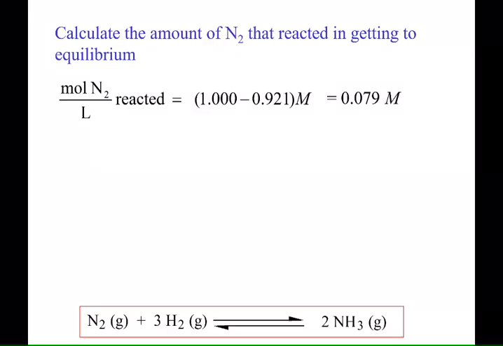Right off the bat, I didn't write down the stoichiometry. Oh, there it is at the bottom. Do you buy that for every 1 mole per liter of N2 that reacts, 3 moles per liter of H2 reacts? So I can take this times 3 to get this change. Doesn't that make sense? I think so.